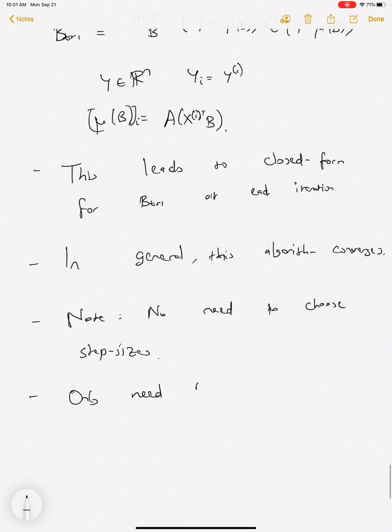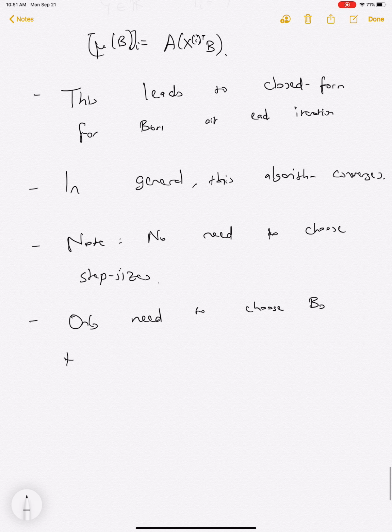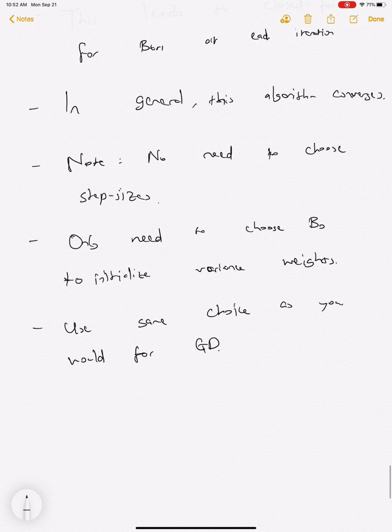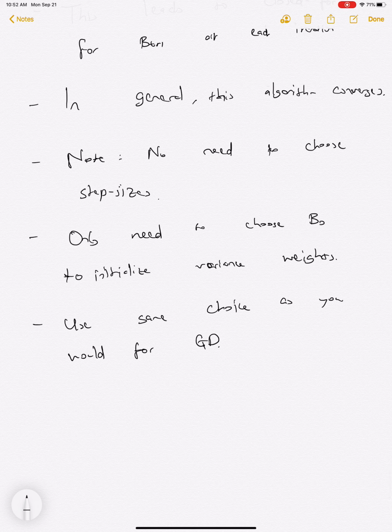You only need to choose b_0 to initialize the variance weights, and then you can use the same choice as you would for gradient descent.